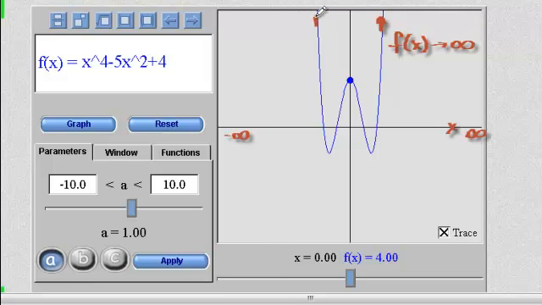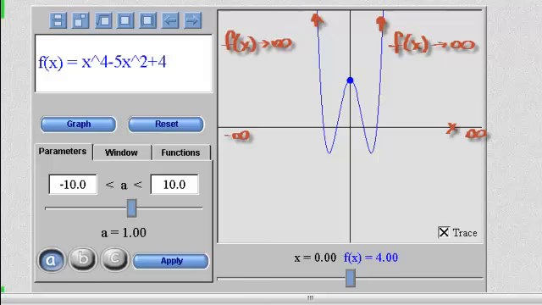And as x goes to negative infinity, once again I'd say that f of x goes to infinity, because the left-hand side is going up and the right-hand side is going up. So the end behavior on a polynomial function, if they're even, is that they're either both going up or both going down, depending on what the leading coefficient is.